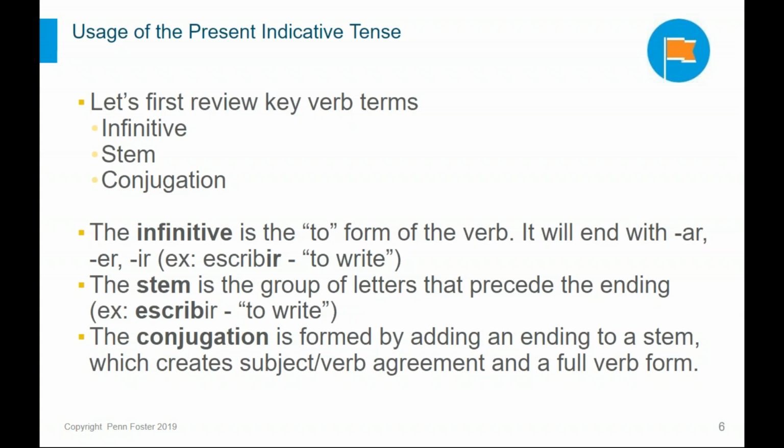When a subject and a verb are in agreement, that's the full verb form. That is a conjugation. So in English, something like I run, as opposed to she runs. Run and runs would be conjugated forms in English, and we're going to talk to you all about how to do that in Spanish throughout this webinar.